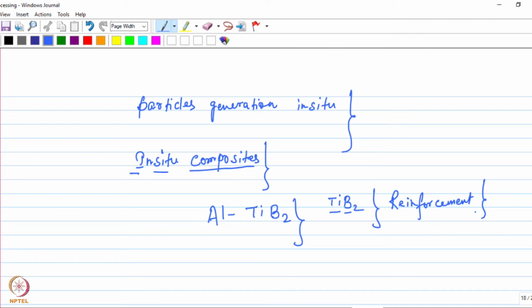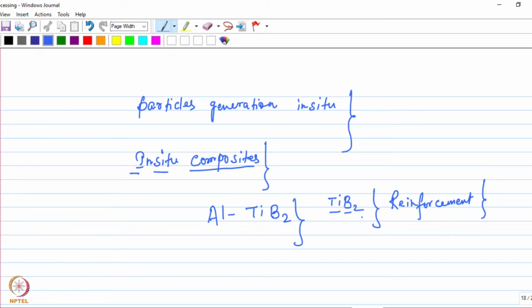So here, in order to generate these TiB2 particles internally in situ within the aluminium matrix, we will have to add something which will provide boron as well as titanium, and then during the processing, when titanium and boron combine, these TiB2 particles will form.